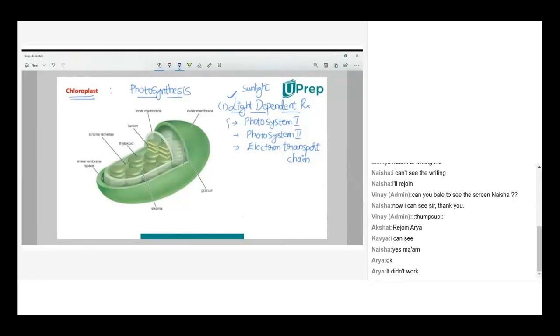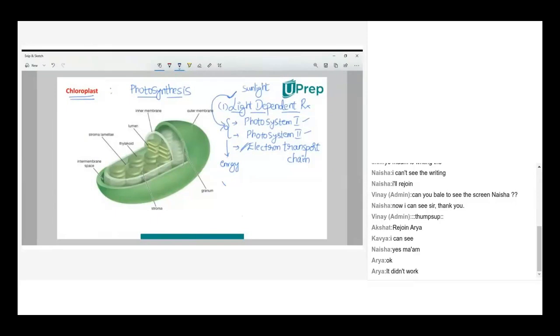Now these two photosystems will take up the sunlight and release energy through a process called the electron transport chain. There are various components in photosystem 1 and photosystem 2. Don't bother about the terminology of their components.